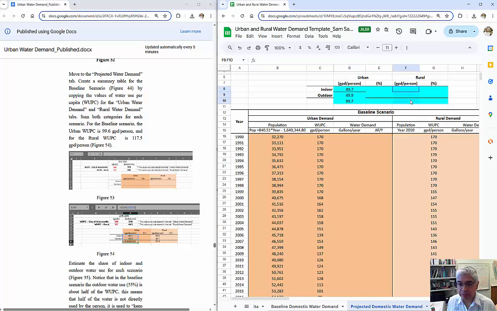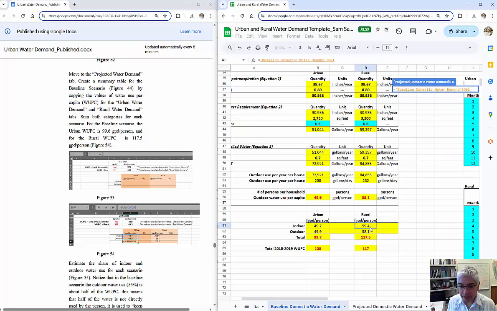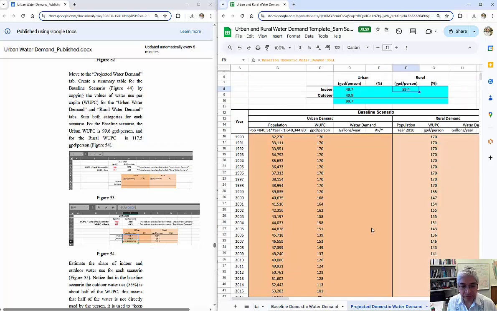And just so it has a nice format, we can paste the format here. And now for the rural, we can do exactly the same. Come back here and then estimate the rural and do the same. And then we are gonna borrow the format from here to here.